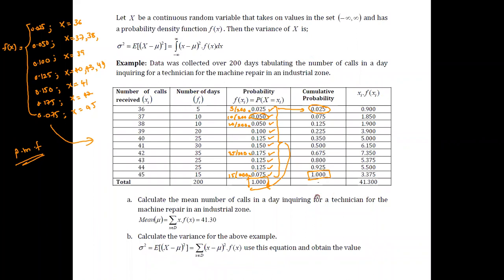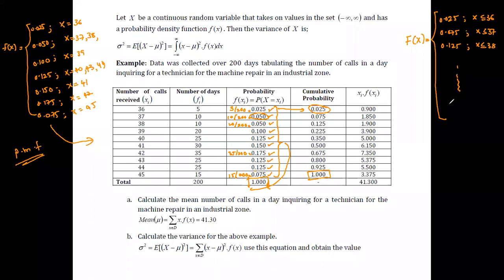If you need, you can write down the CDF as well. If you need to write down the CDF, you can say this as F(x). We can say it is 0.025 for x less than or equal to 36. Then 0.075 for x less than or equal to 37. 0.125 for x less than or equal to 38.